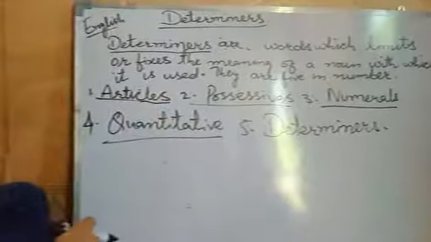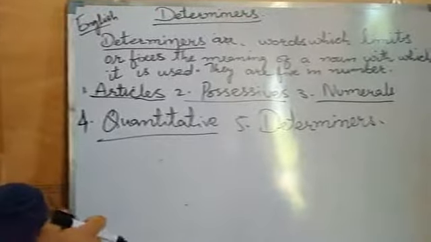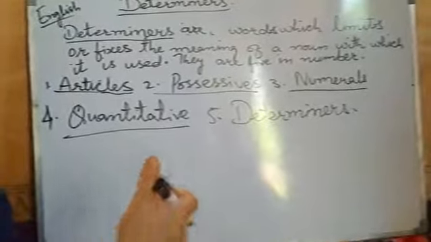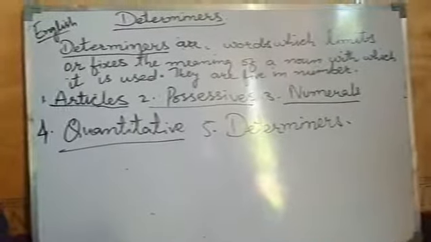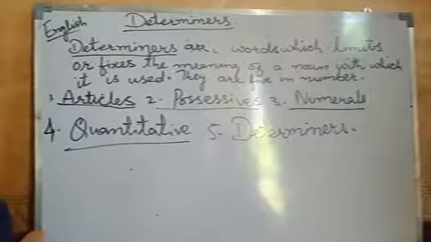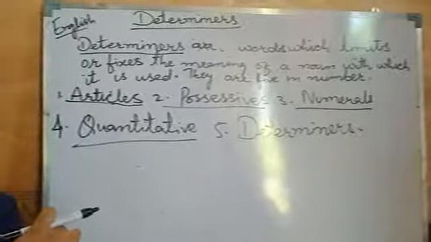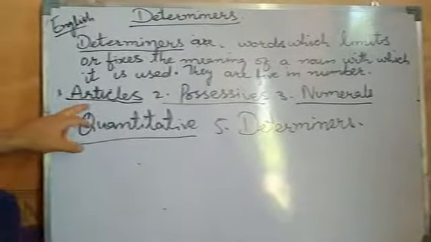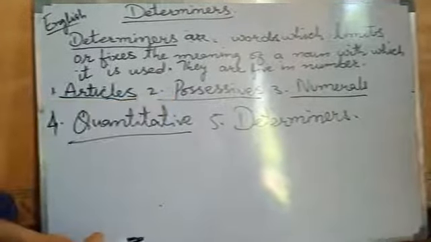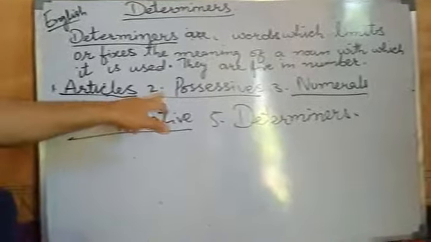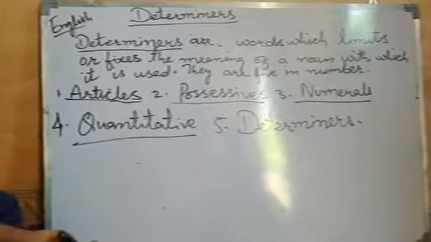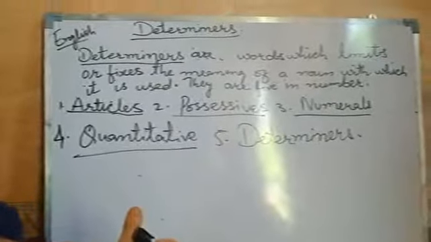About articles, we have learned from the beginning, from first standard or pre-nursery, that they are of two types: definite and indefinite articles. Possessives are used to denote that something belongs to someone. Numerals show numbers, for example 1, 2, 3, 4, first, second, third, fourth, fifth.